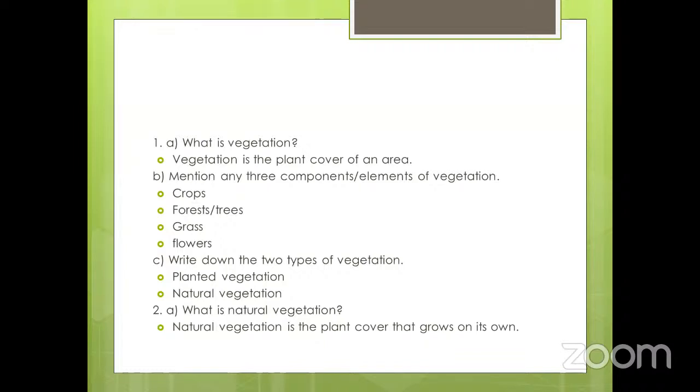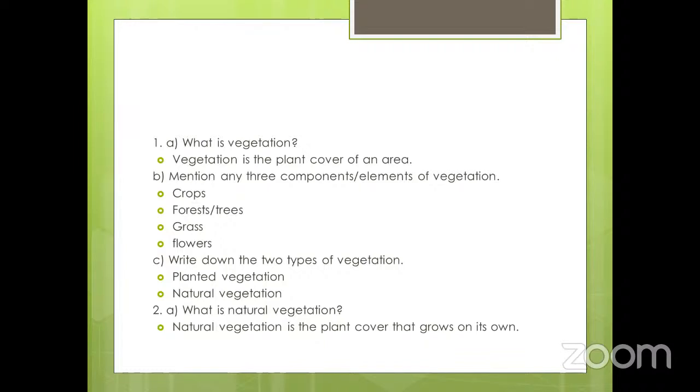Natural vegetation is the plant cover that grows on its own, meaning that it does not grow maybe by the influence of man, but you find it existing on its own. That is what we call natural vegetation. Remember, at first we looked at the components of vegetation.